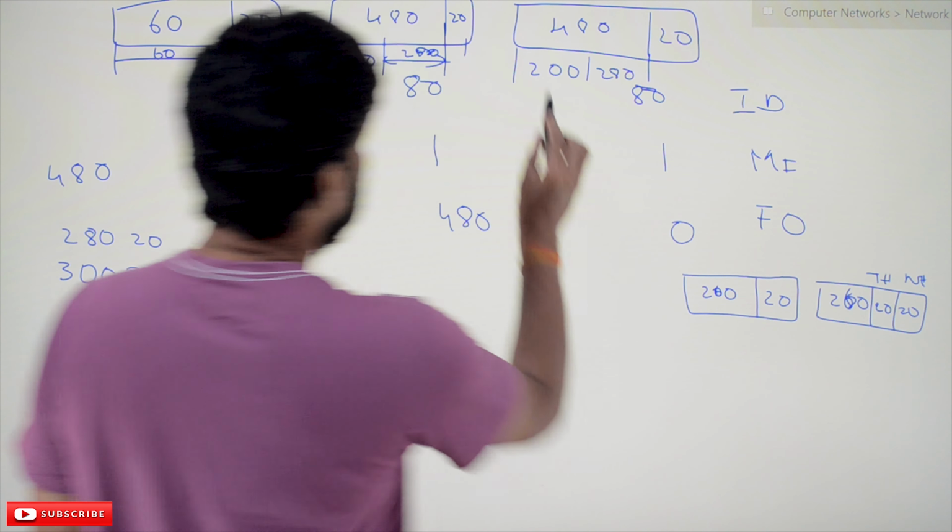each fragment that this parent has been divided into should have an MF of 1. Why? Because if we give 0, it means that there are no fragments following, but this is stating that MF is equal to 1, meaning some fragments are following.